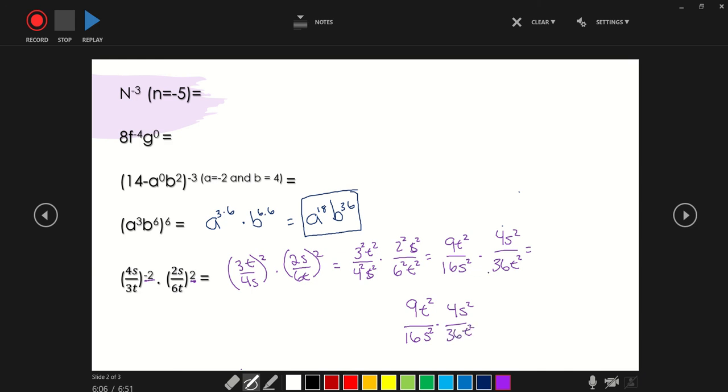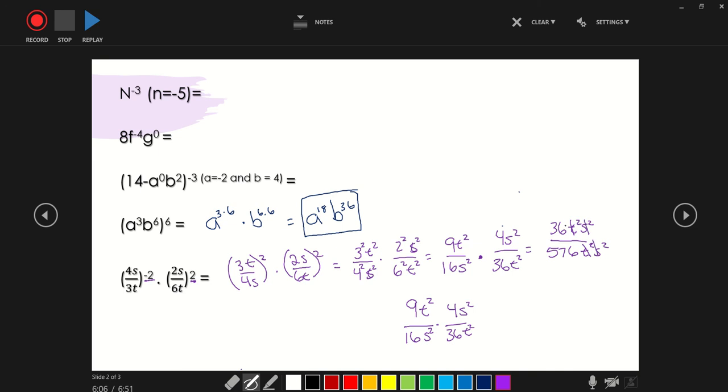Okay, so if we solve it this first way, we can think back to fractions. When we're multiplying fractions, we just multiply them straight across. So this becomes 36t squared s squared, and this actually becomes 576 t squared s squared. So now we can do some canceling here because we've got a t squared on the top and the bottom and s squared on the top and the bottom.